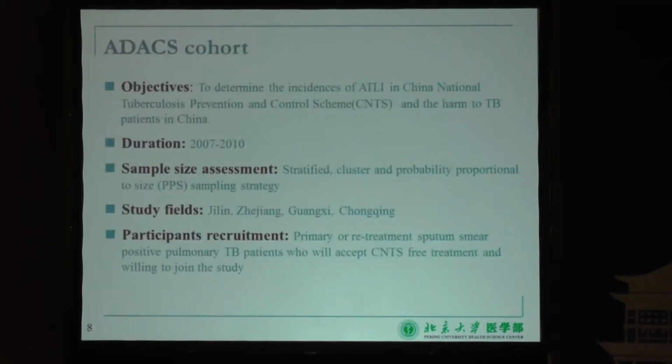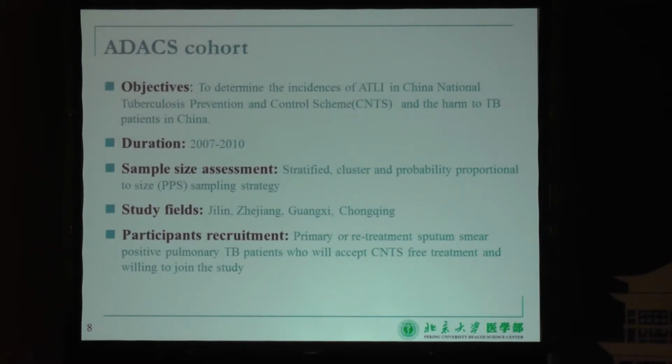The ADACS cohort was to determine the incidence of ATLI in the China National Tuberculosis Prevention and Control Scheme and the harm to tuberculosis patients in China, which began in 2007. The primary or retreatment sputum smear positive pulmonary tuberculosis patients who would accept CNTS free treatment and were willing to join the study were enrolled.